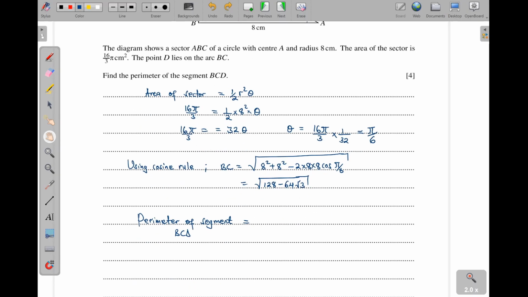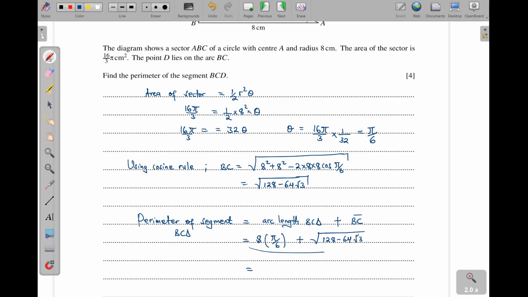So we shall have arc length BCD, then plus the straight edge BC. Arc length is r theta, so r is 8. The theta, we have gotten it as pi over 6, right? Then plus this BC here, the square root of 128 minus 64 root of 3.